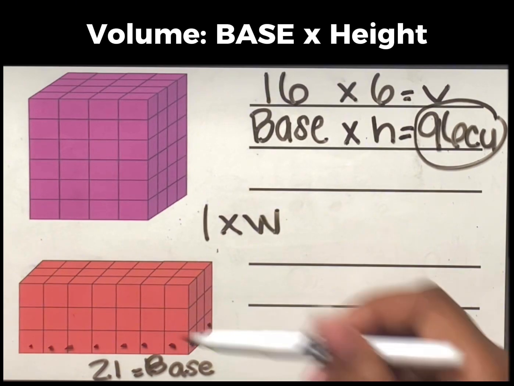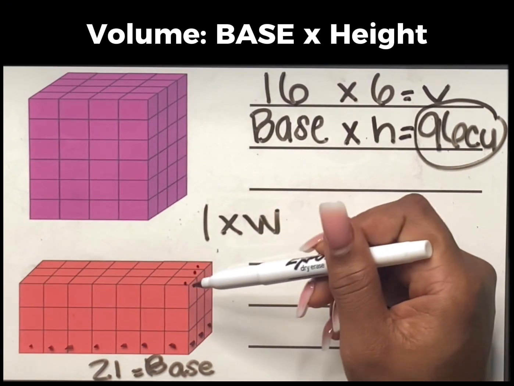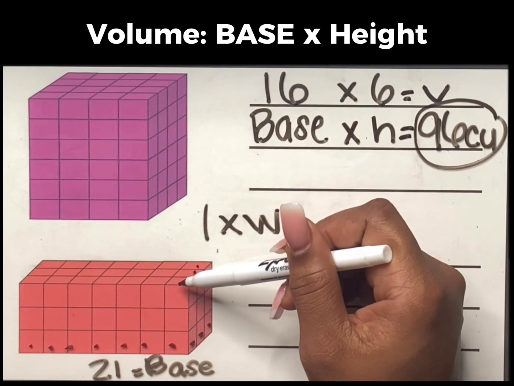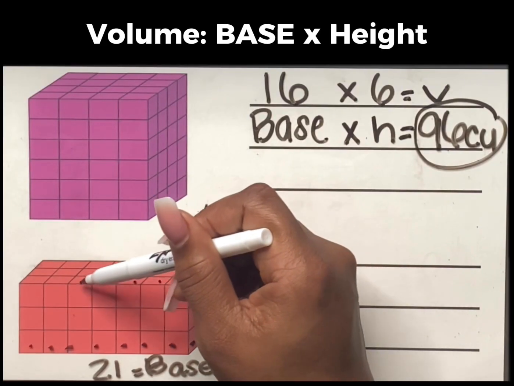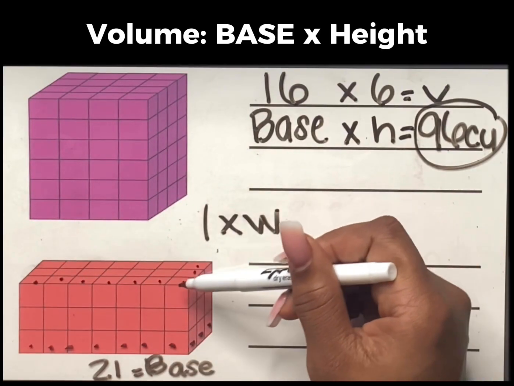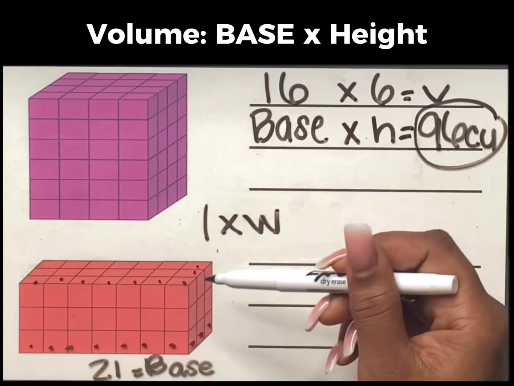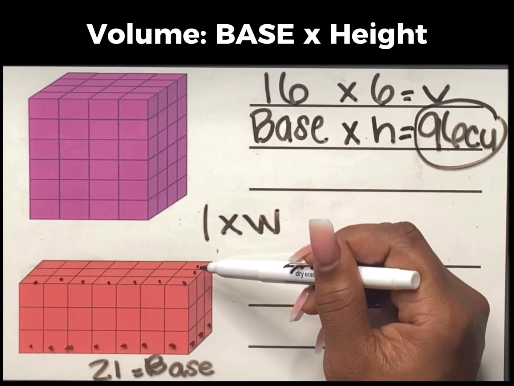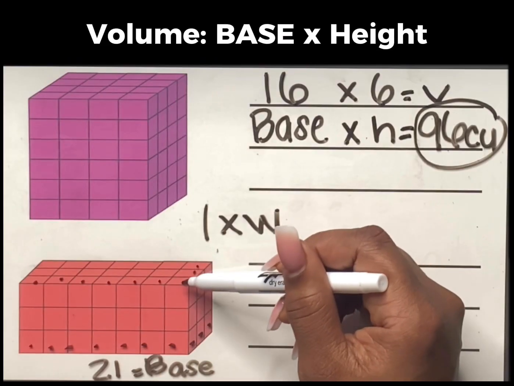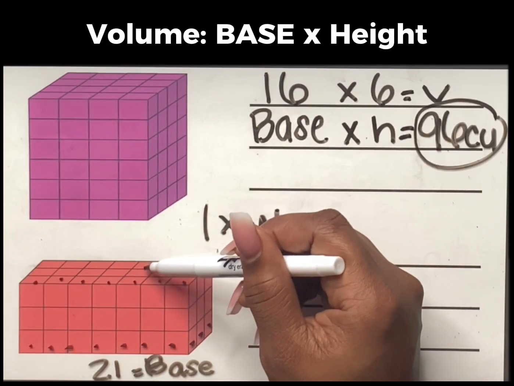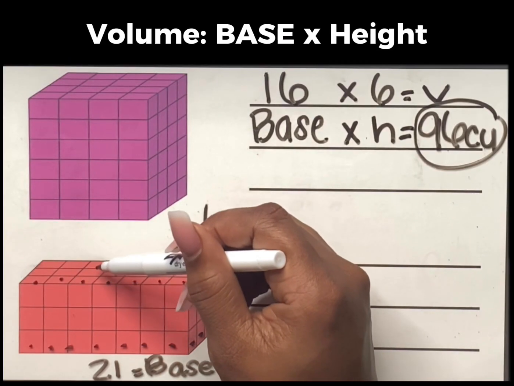Now that I have my base, let's find our base from the top. You can do it either way. Again, 3 times 7, that's our base. Now we're going to take that base and let's look at it this way. Now I'm counting.